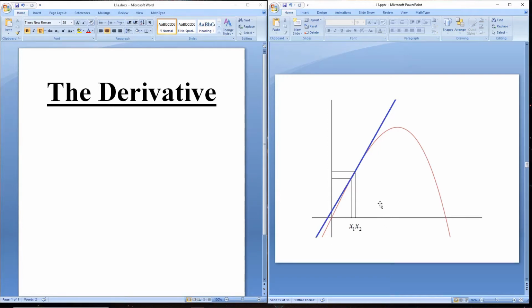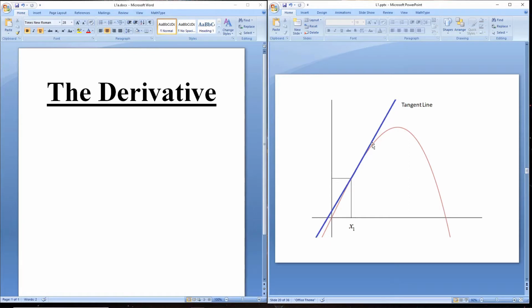So this is the process: we're going to take a secant line, and then we're going to let x2 get forever closer to x1. And when we do that, we say the secant line is then approaching the tangent line.